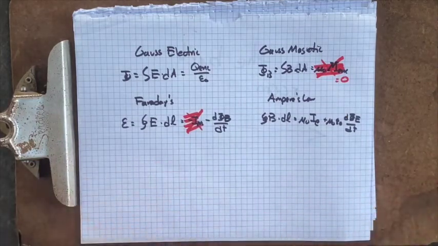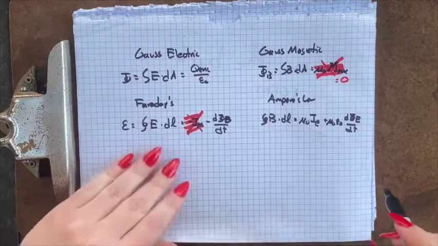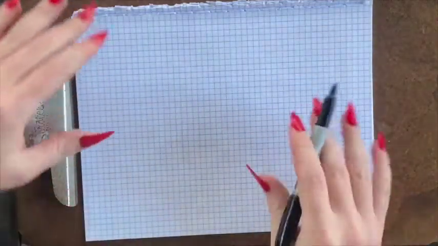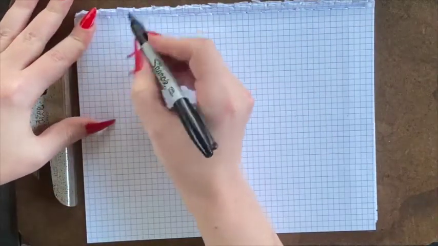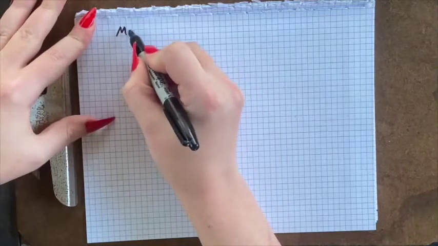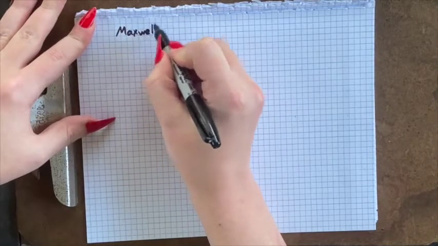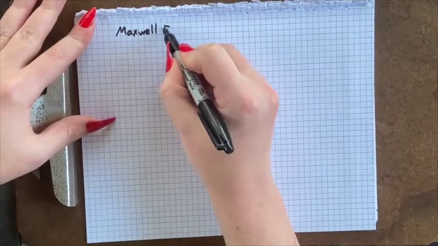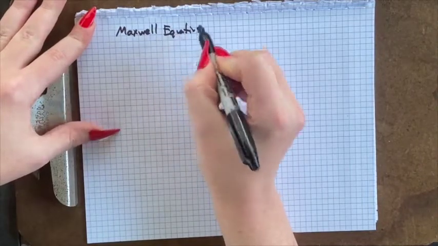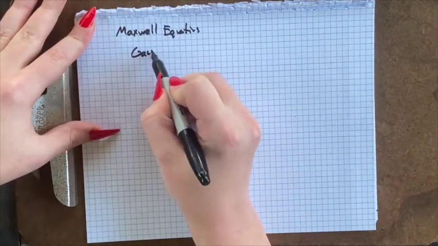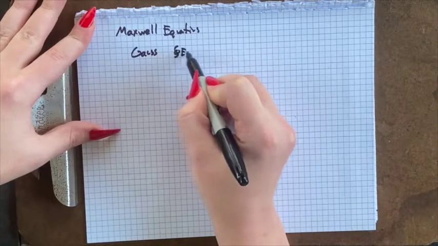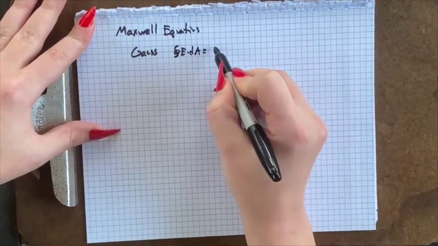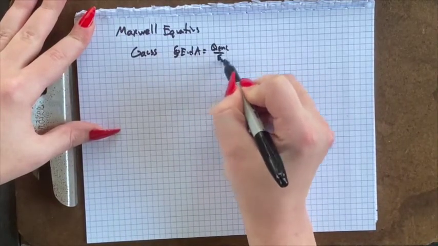So let's go back through and make sure that we have this correct. Something I find irritating about Maxwell's laws is that it's just a talentless compilation of other people's equations. We have Gauss' law, and the true one, E dot dA is Q enclosed over epsilon naught.